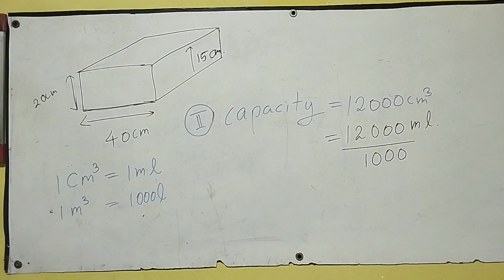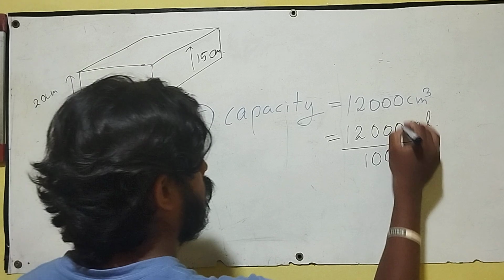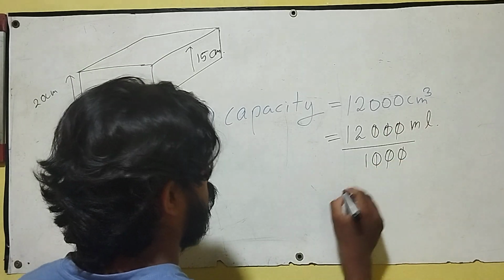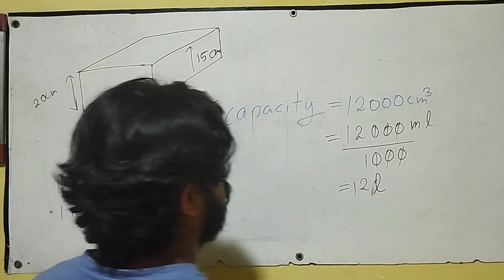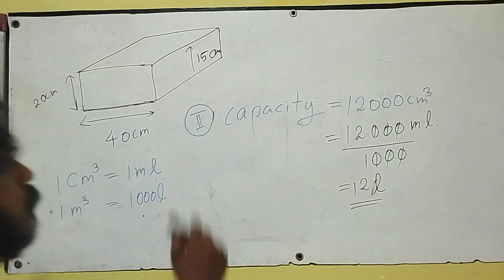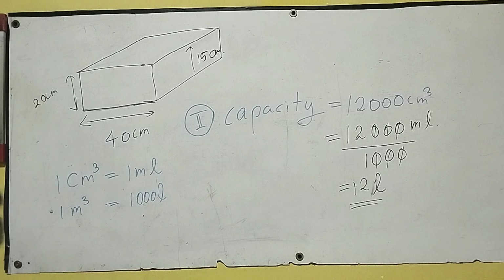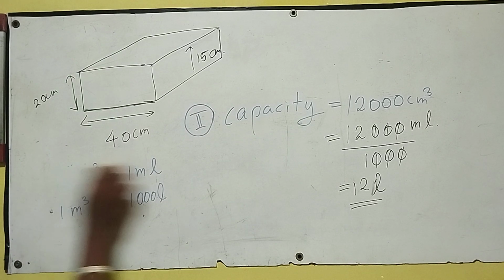Why? 1000 milliliter is equal to 1 liter. So 12 liter.